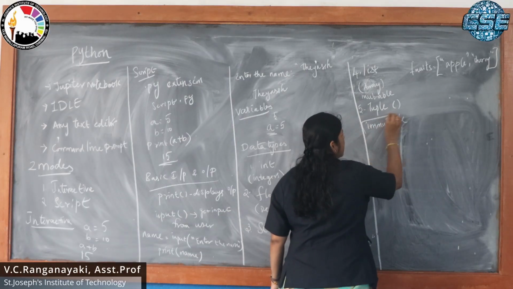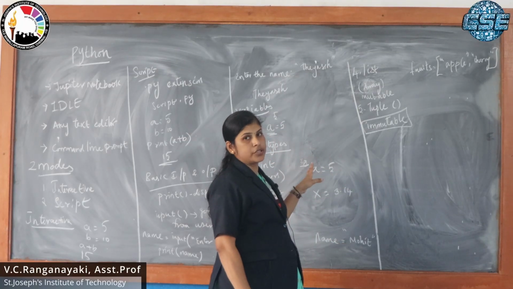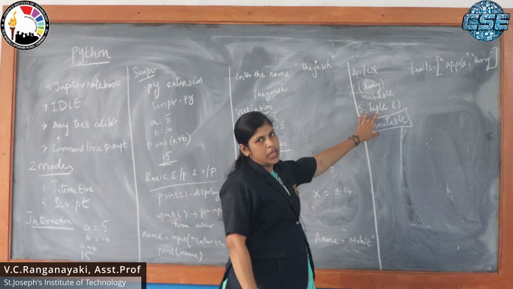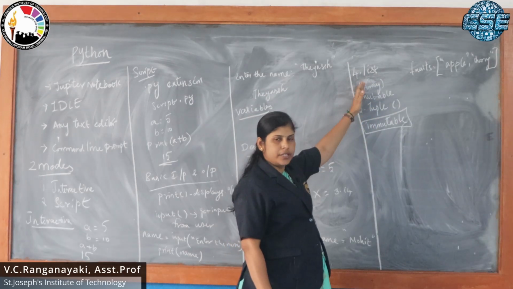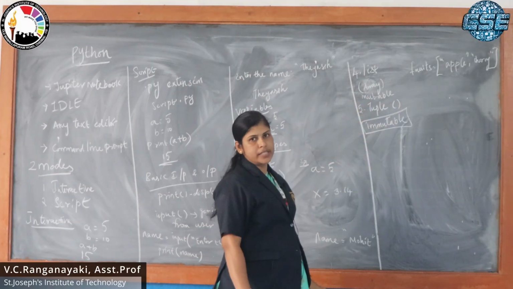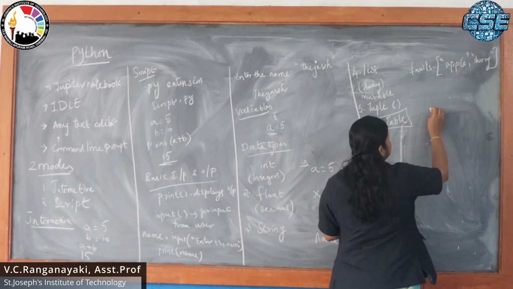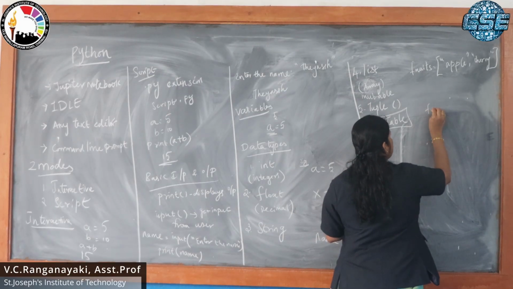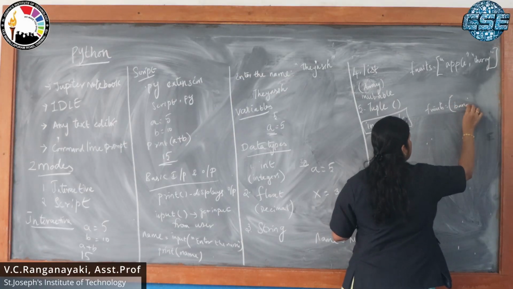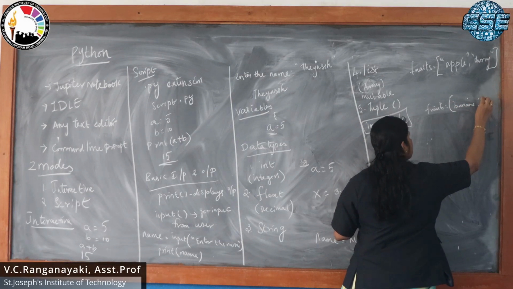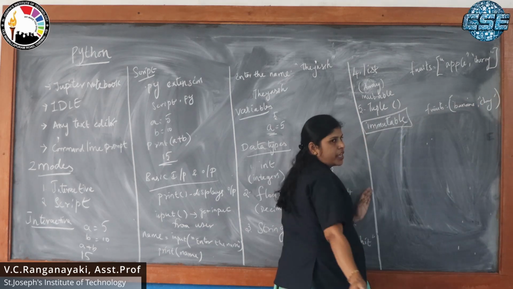The only data type that is unable to change is tuple. It is similar to list, but the difference is in a list we can change the items, but in a tuple we can't change the items. Once we create it, we can't change it, right? So same like fruits equal to banana, cherry. In this tuple we can't change anything.